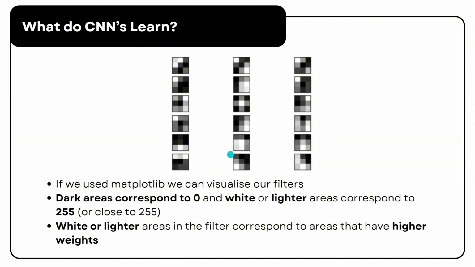We can visualize these filters using a library like Matplotlib. In this grayscale presentation, the dark areas correspond to values close to 0, and the white or lighter areas represent values closer to 255. When you see lighter areas in a filter, that means those positions have higher weights. These weights play an important role.